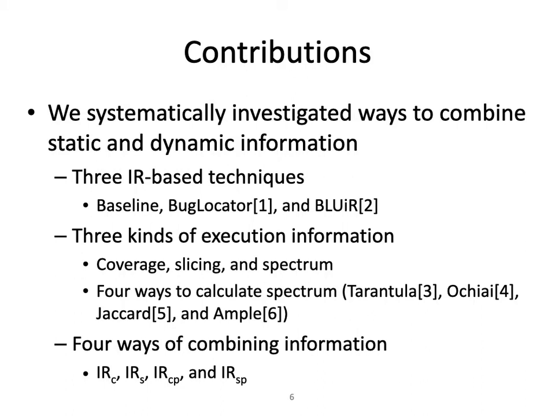We have collected 3 kinds of execution information, including coverage, slicing, and spectrum. Especially, in order to collect the spectrum information, we found various ways defined to calculate the suspicious scores for code locations. Therefore, we included 4 popular ways to calculate spectrum information, such as Tarantula, OCI, Jaccard, and Ample.